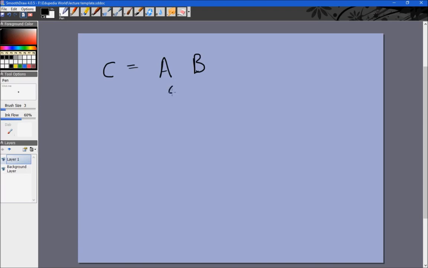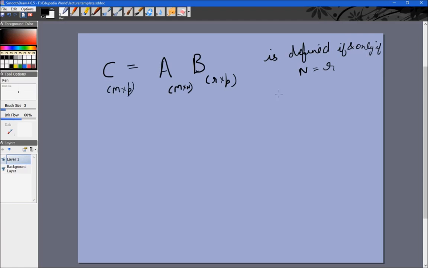If A is an M cross N matrix and B is an R cross P matrix, then C equal to AB is defined if and only if N is equal to R. M does not need to be equal to R, N does not need to be equal to P, but N needs to be equal to R, and then C is an M cross P matrix.